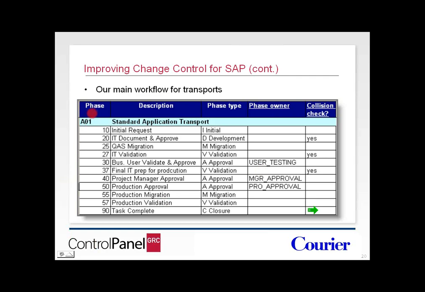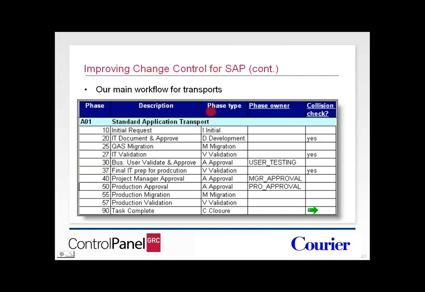So we have phases here. We've numbered them. There's spaces in between them so that we can add in more things, but really this is one standard workflow we use for change management for a business tester, where we have to have a business user test things. And you can see by the descriptions the different kinds of tasks here.